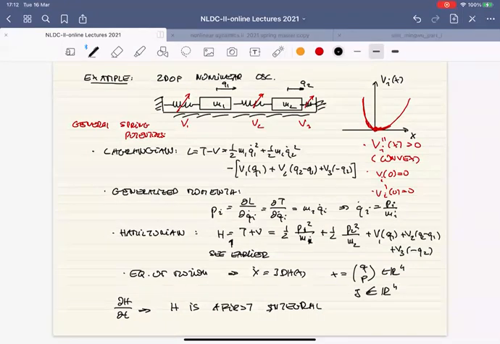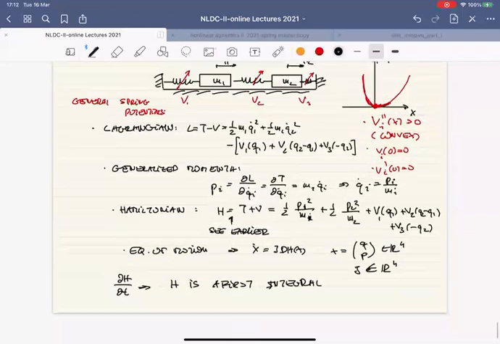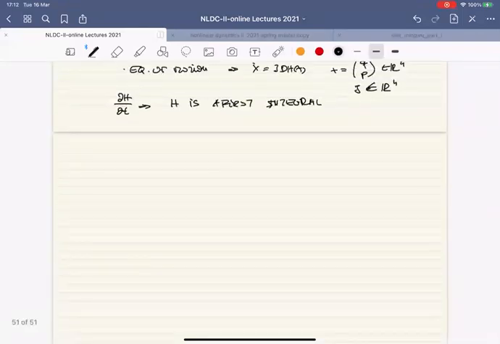In any other displaced position, there will be forces acting on the two masses, or at least on one of them. And whenever you have forces acting on at least one of them, the system will move, right? So that I think is acceptable even without the details.